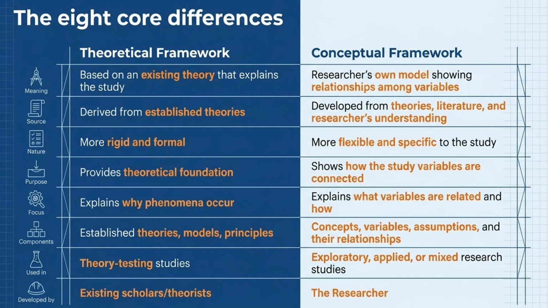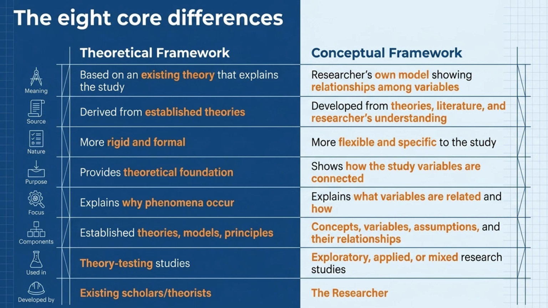Theoretical framework provides a theoretical foundation for the research, whereas conceptual framework shows how the variables or concepts in the study are connected. Theoretical framework focuses on explaining why a phenomenon occurs, but conceptual framework focuses on explaining what variables are related and how they are related.